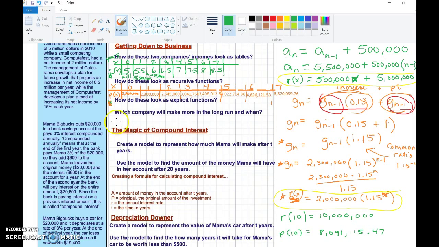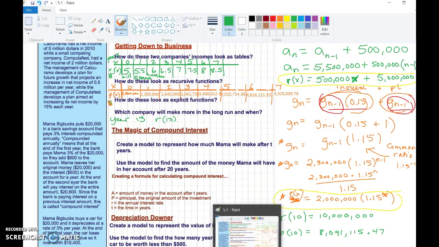So did you find that at year 13, R of 13 is $12 million? Is that right? Or is it 11,000,005? Now I can't remember. Let's do that really quickly.